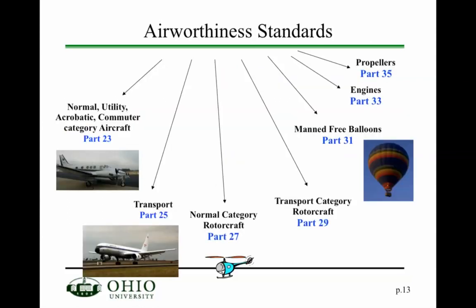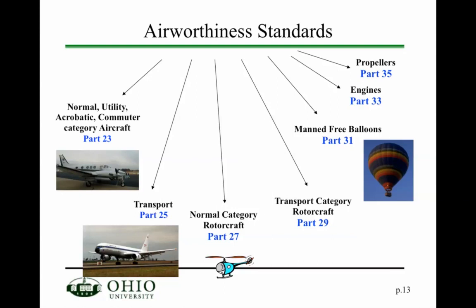So besides Part 21, there are also airworthiness standards related to each of a couple of different categories. Like Part 23 is the commuter aircraft category, whereas Part 25 are the big guys. So these are the transport category aircraft, the aircraft that you would take if you fly within the United States or fly overseas, but also, for example, cargo aircraft.